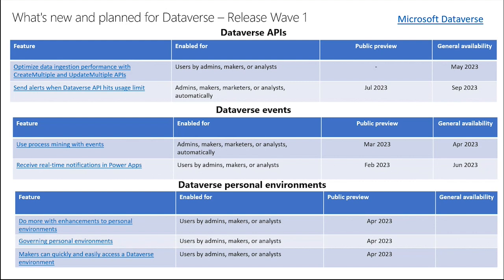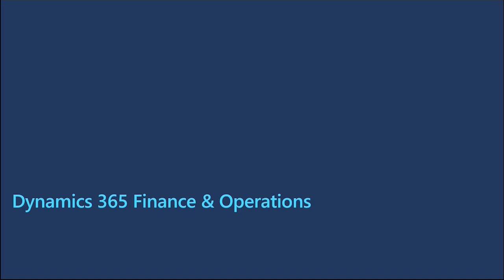So again, any of these that are listed as April get turned on when you make release wave 1 active. Other ones will be coming later. So take a look at each one of those. And with that, I think we go back to Tom from the finance and ops side.